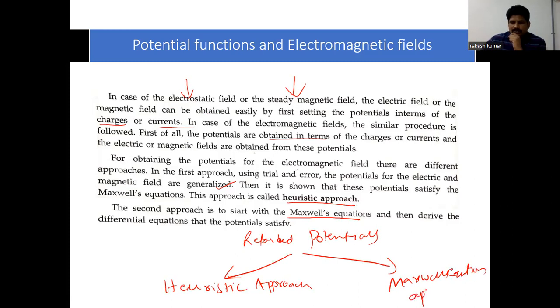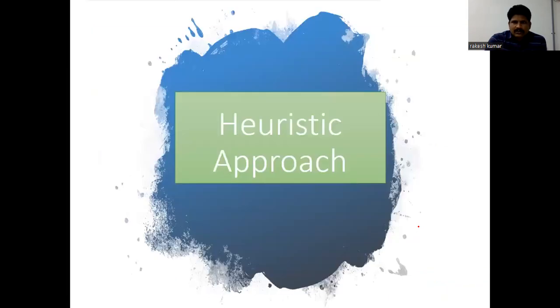So these are two approaches to obtain the retarded potential. Let us discuss the first one, that is the heuristic approach.